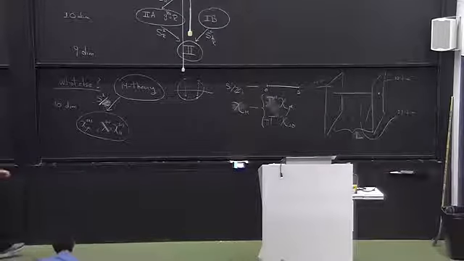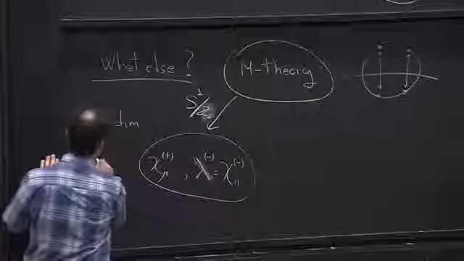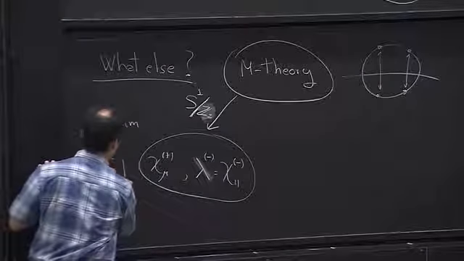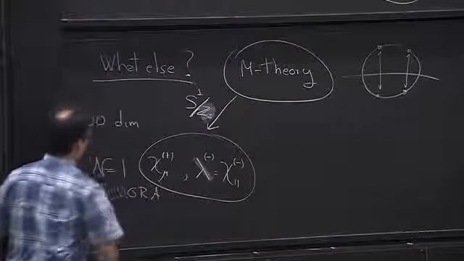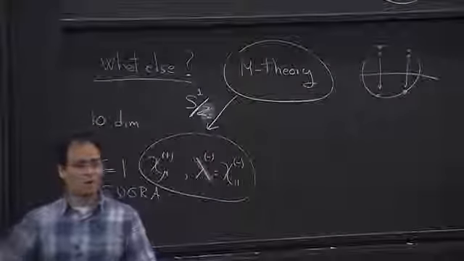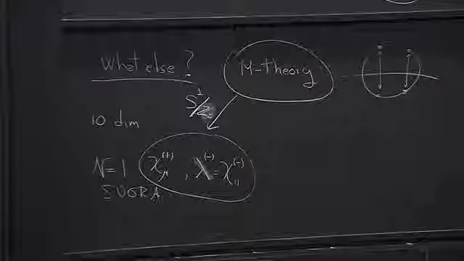So whatever we're going to get is a theory that only has N equals 1 supersymmetry, an N equals 1 supergravity in 10 dimensions. So it's definitely not one of our type 2 theories. It's just one N equals 1 theory, and we don't know what it is.